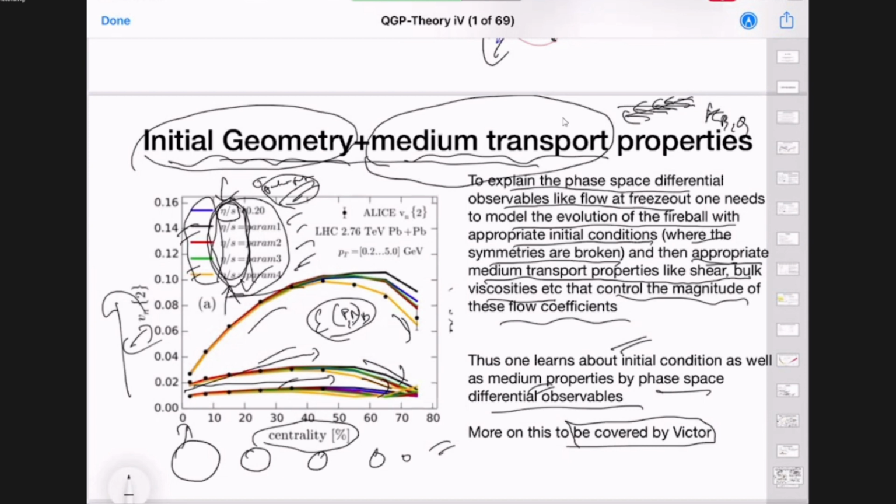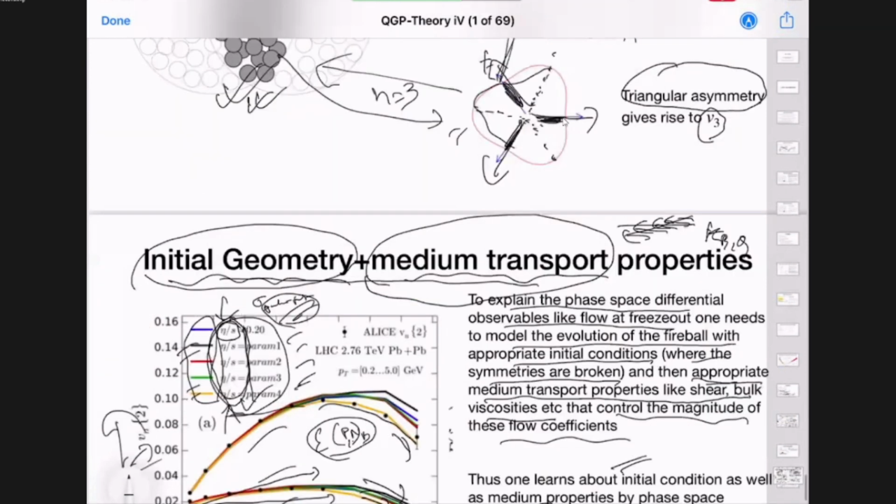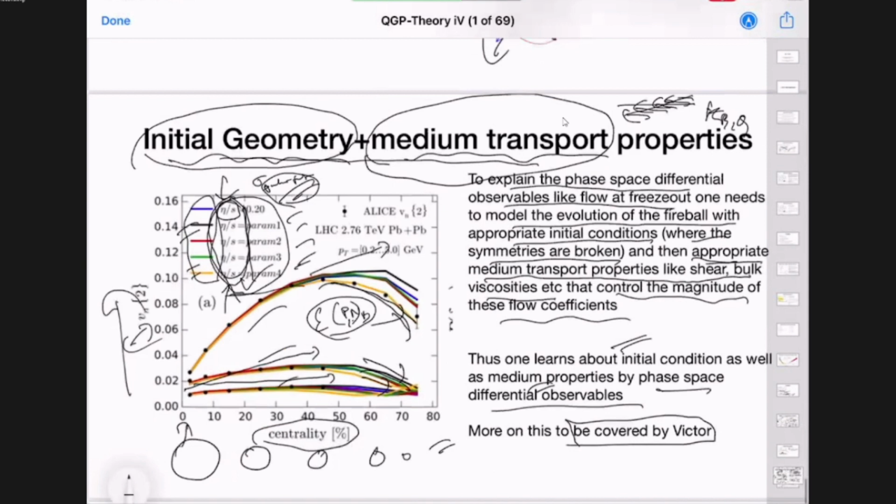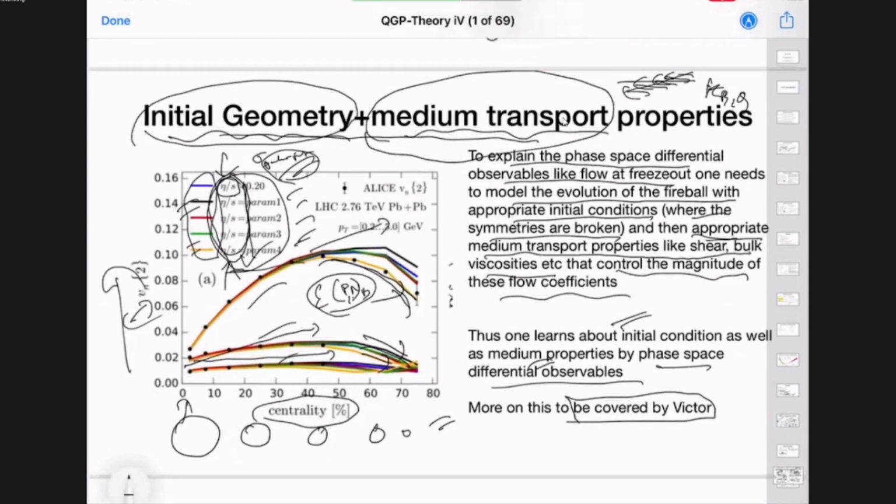Maybe I should take back the collectivity breaking down, because even hydro is predicting the fall. Why does hydro predict it, although the eccentricity E2, the ellipticity, is actually growing? It is because the central pressure is much smaller.